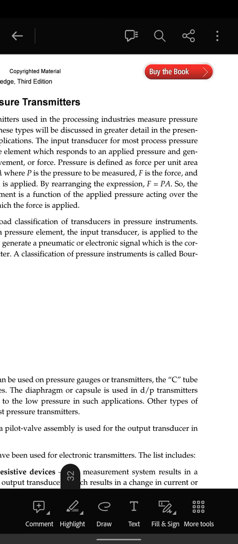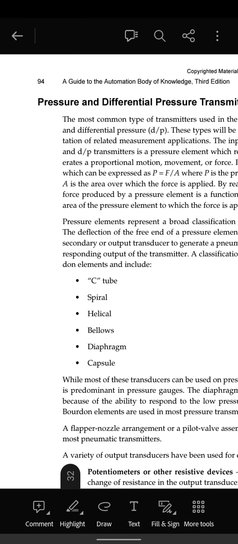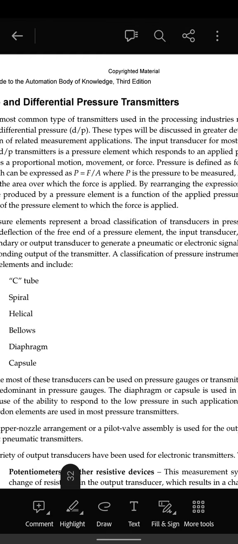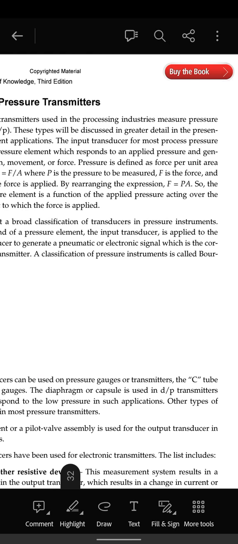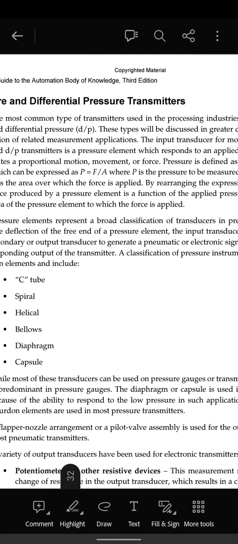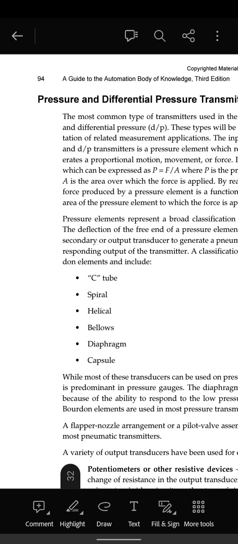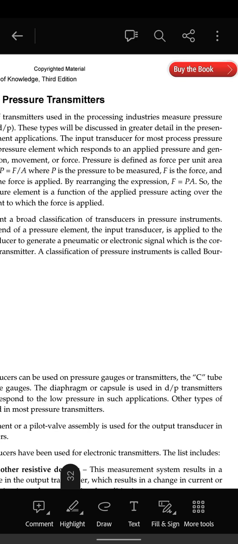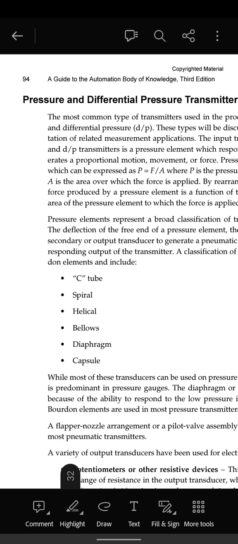expression, F equals P times A. So the force produced by a pressure element is a function of the applied pressure acting over the area of the pressure element to which the force is applied. Pressure elements represent a broad classification of transducers in many instruments.